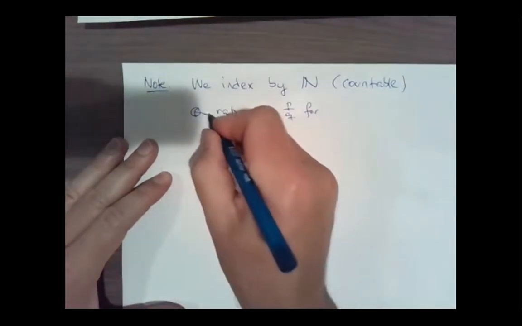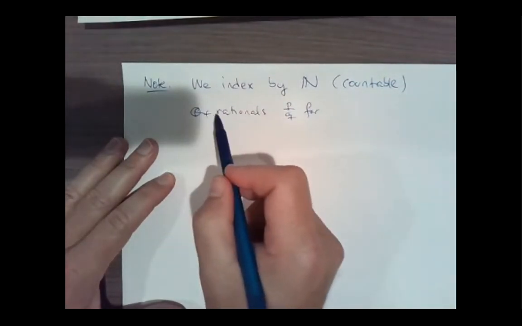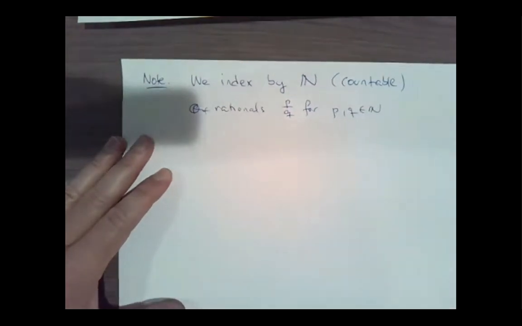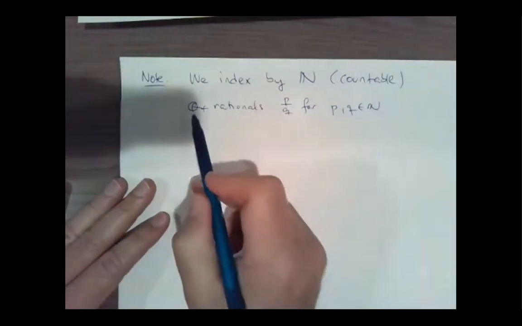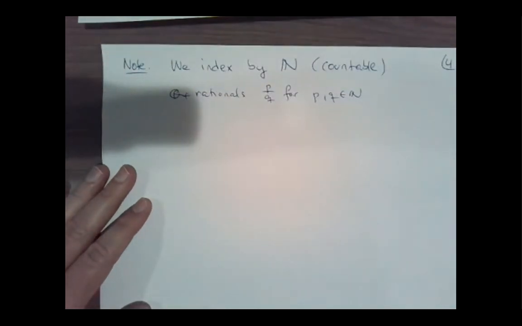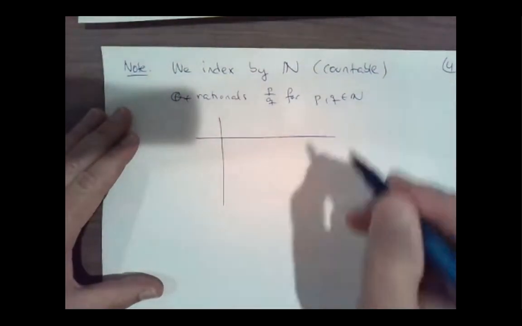If I take the positive ones, so I have p and q in N, I'm looking at these ratios. How would I prove that the set of positive rationals is countable? Draw the grid and do that snake thing. Very good. So you've seen this before.